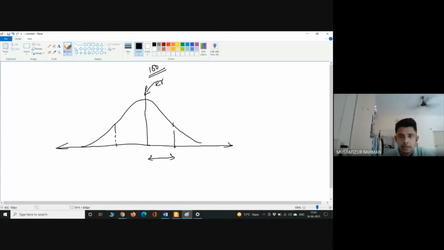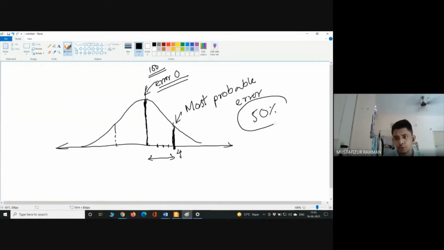And here we are assuming that error is 0 in this region. If we have a measurement exactly here, that is 0 error. Other values will be somewhere here. If we have 1 somewhere here, 2 somewhere here, 3 somewhere here, 4 maybe here. So if 50% of the errors lie within this point, then that is the most probable error. So this 50% corresponds to the most probable error.